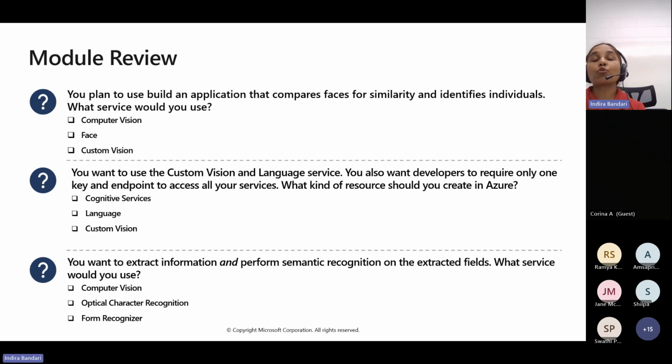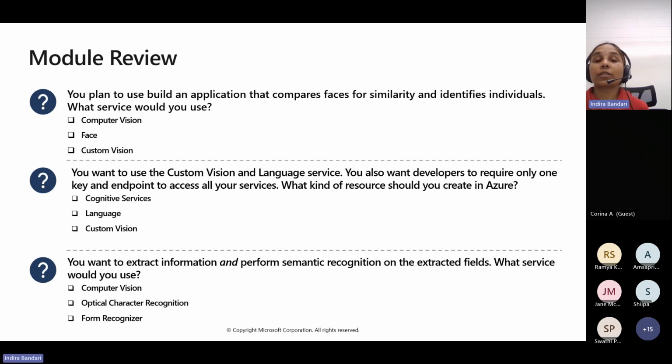But those two belong to cognitive services. Cognitive services have a lot of services that we can use if we create a cognitive service resource. And you remember you have four pillars along with that. Underneath the four pillars, you have the language and custom vision in one of those pillars. So that's why, if you require only one key and endpoint, you have to use cognitive services.